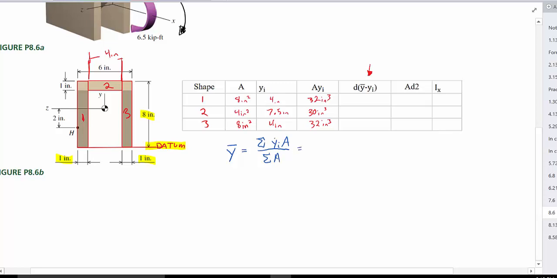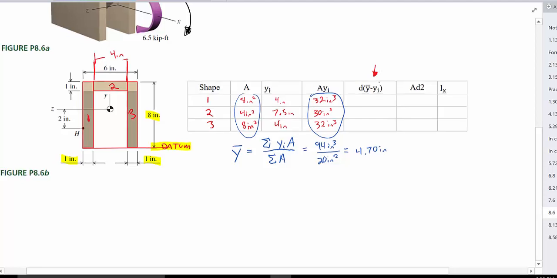So in this particular case, summing these values here, we get 94 inches cubed divided by the sum of the areas, which is 20 inches squared, and so y bar becomes 4.7 inches, okay?